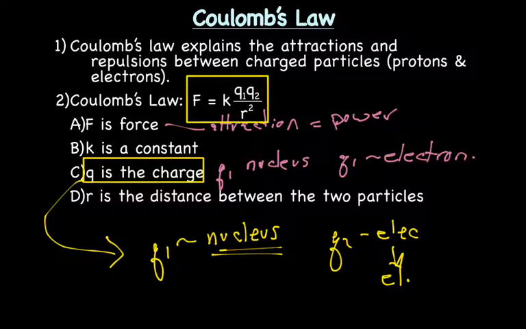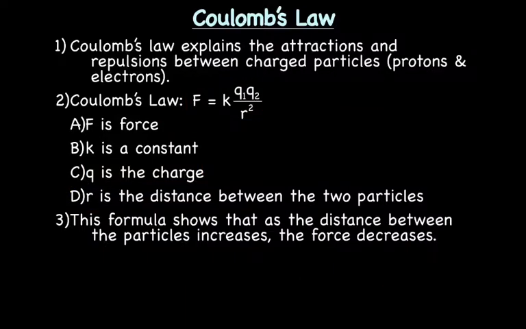Now, good news is I don't believe I'm going to make you calculate anything with this formula, but understanding the formula helps you understand Coulomb's law, which will help you understand periodic trends. This formula shows that as the distance between the particles increases, the force decreases.